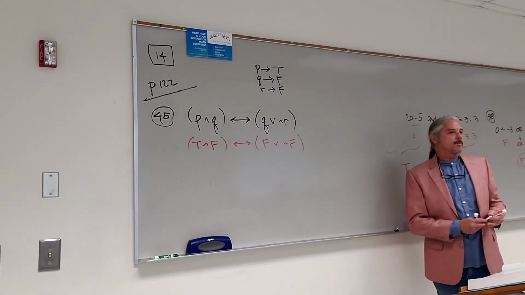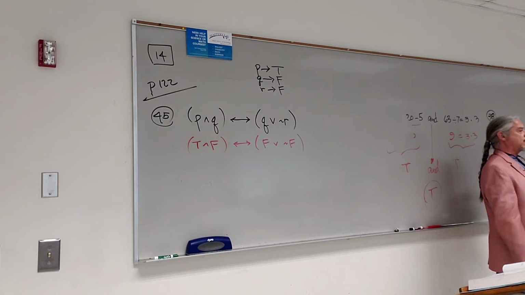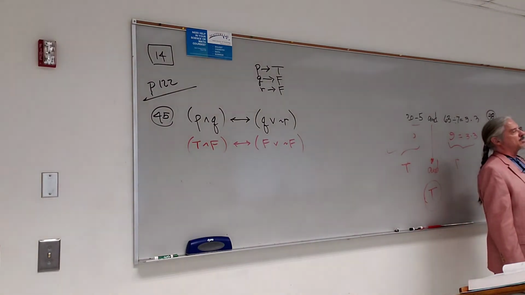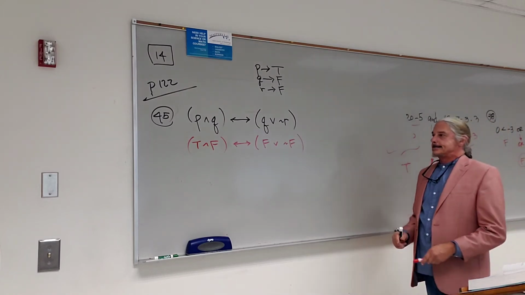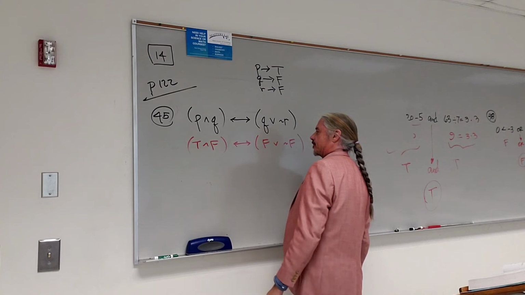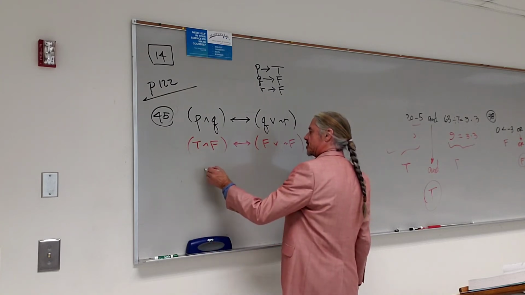Check it. Everybody can do that. You get partial credit on your 5-point problem quiz. So here we go. T and F. What is that? False. Done it a million times today.